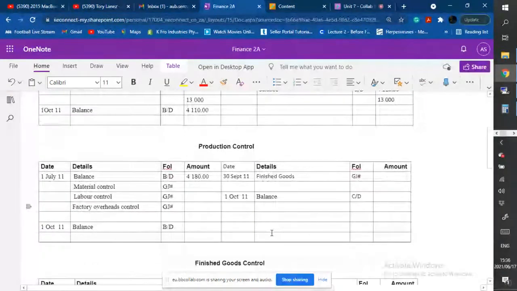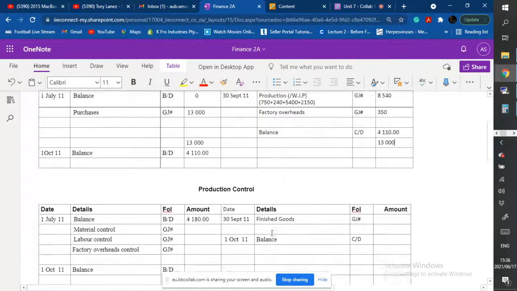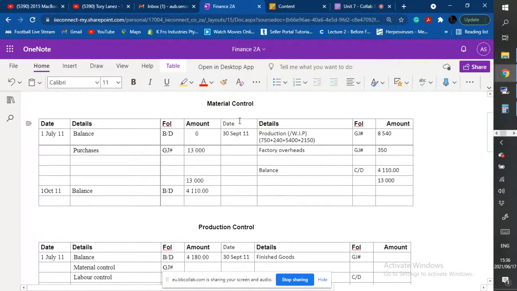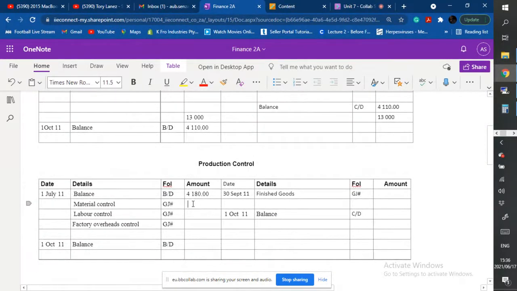We can then move on to your production control. In the production control, can you see we had this entry here, production, under material control, so we can actually then just complete that double entry. Sorry, I'm mixing things up. That is actually 8,500.